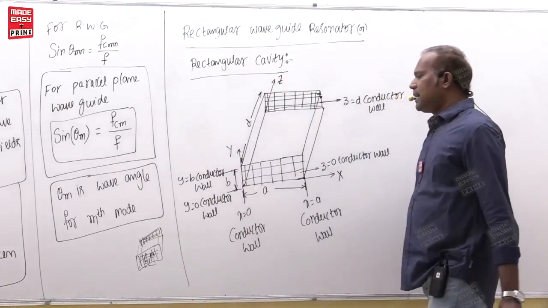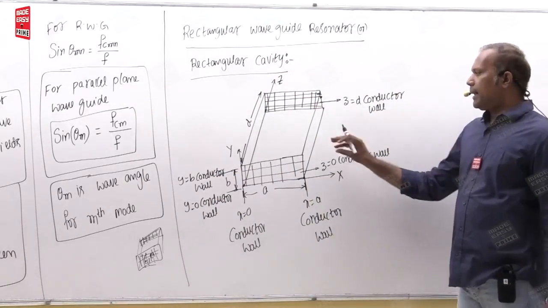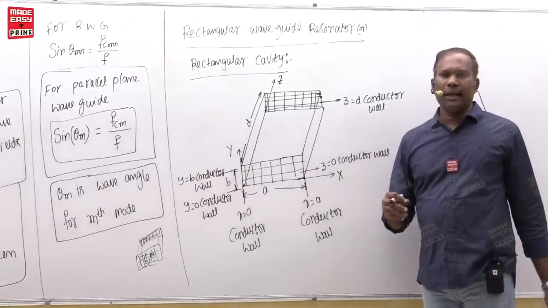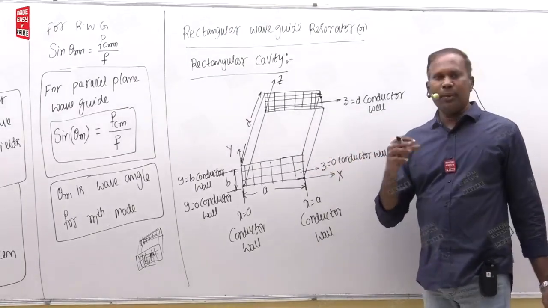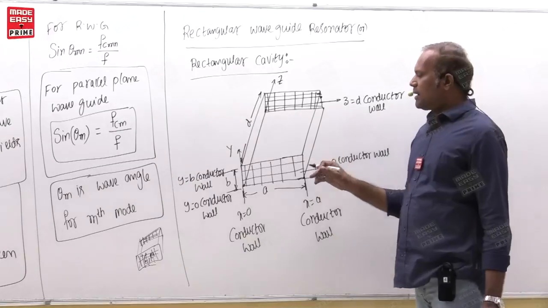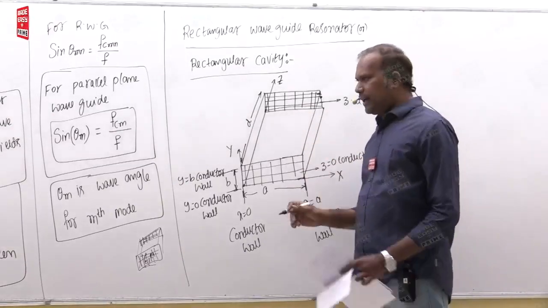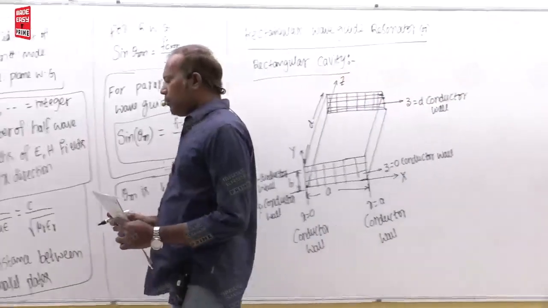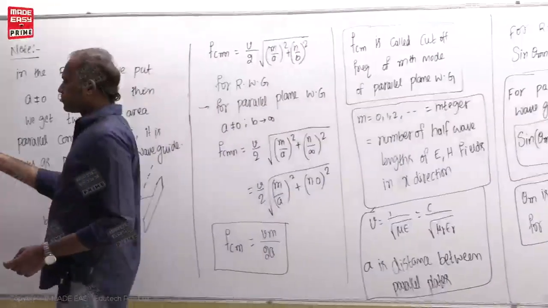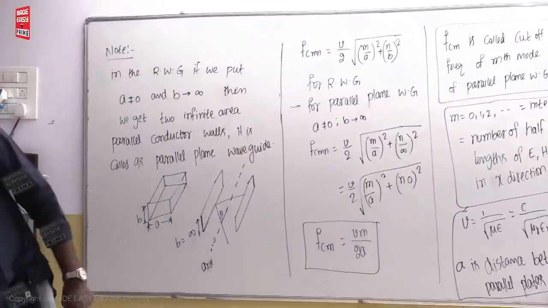So ultimately total 6 conductor walls are there, and inside this dielectric is there. So the dielectric has epsilon mu, energy is stored. Actually signal is sent here, top side. If you want you can see the diagram here.